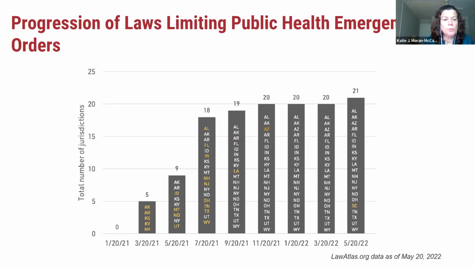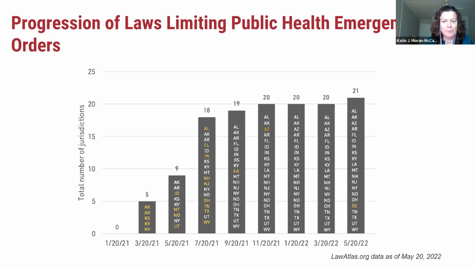This chart shows the progression of states that enacted these laws from January 2021 through May 20th of '22. So you can see most of the movement was between March and July of 2021. So 5 states in March, 9 states in May, and then up to 18 states in July. The states that are labeled in yellow in each of the bars, those states enacted laws that became effective since the date of the previous bar.